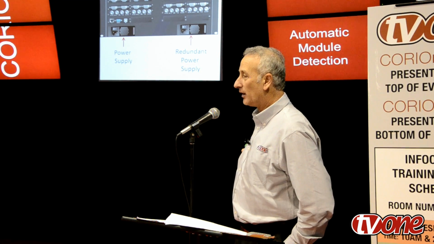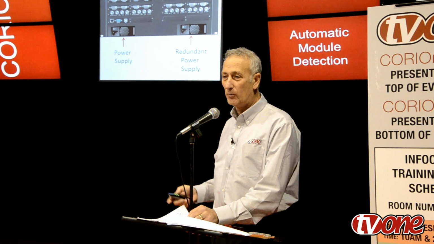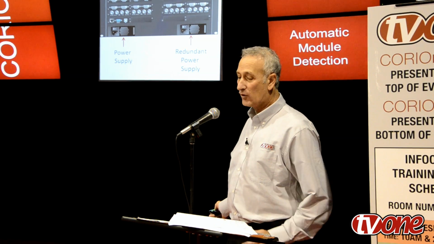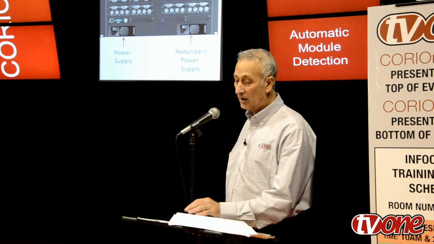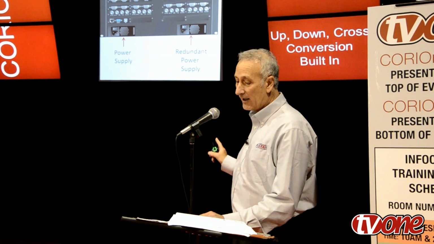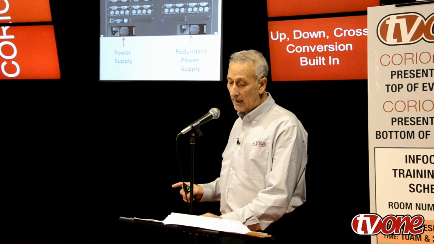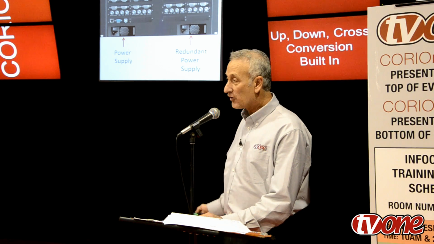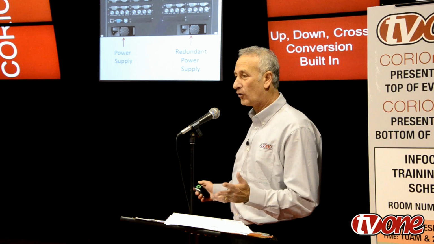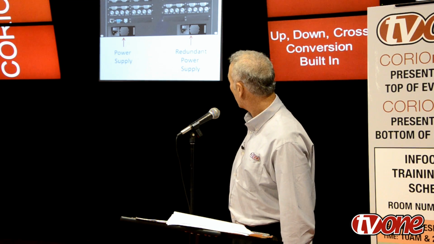Again, it's modular configuration, automatic module detection, so no matter what you plug in, the CORIOmaster will recognize it. Hot-swappable, redundant power in case of critical applications. That's also a key, as is the ability to change formats on your outputs. You can change the resolution and the scan rate. You can upscale, downscale, cross-convert. Everything takes place inside the box.